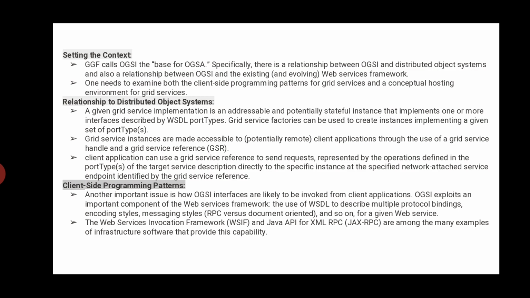The client side applications can use grid service references to send requests, represented by the operations defined in the port types of the target service description, directly to the specific instances at the specified network attached service endpoint identified by the grid service reference.